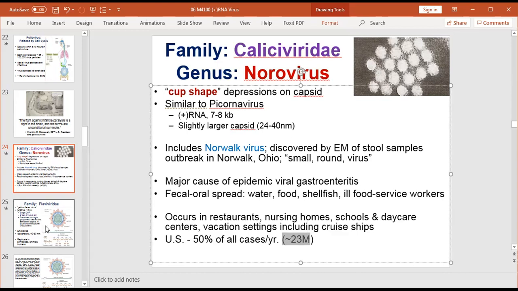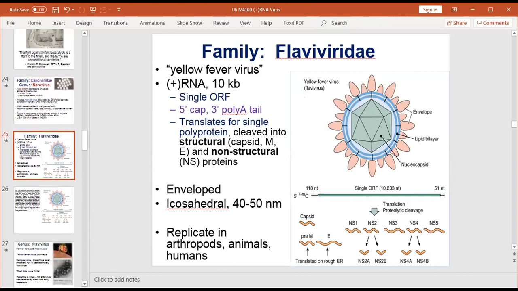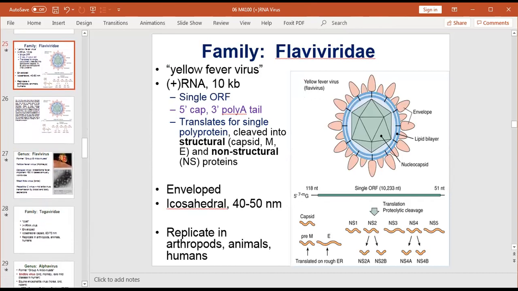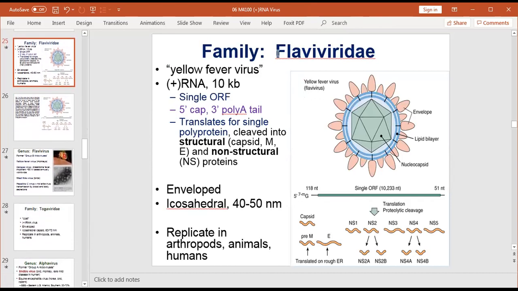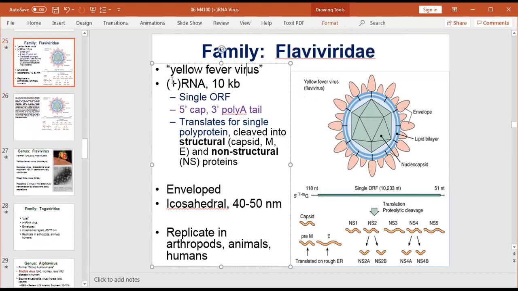infected annually. Another family of positive strand RNA viruses is the family of Flaviviridae. A prime example would be yellow fever virus, again positive RNA, about 10 kilobase genome, slightly larger than the previous two classes we discussed.